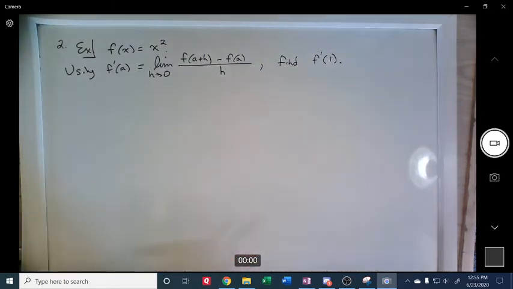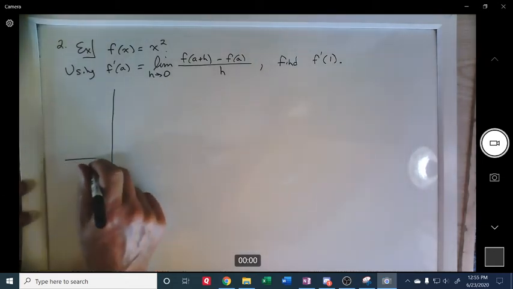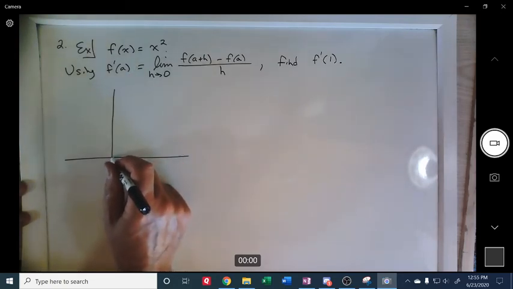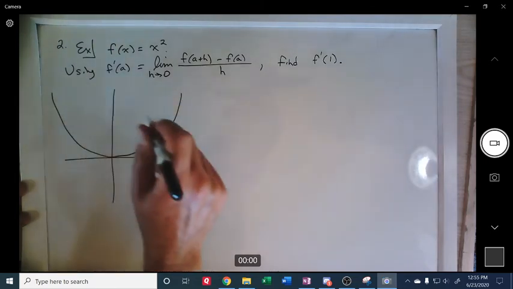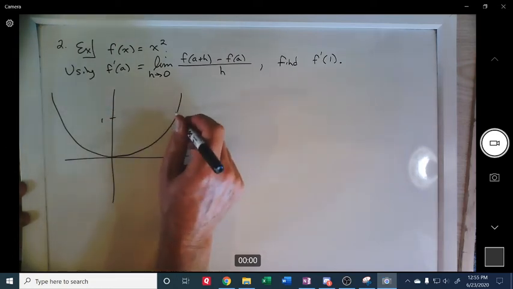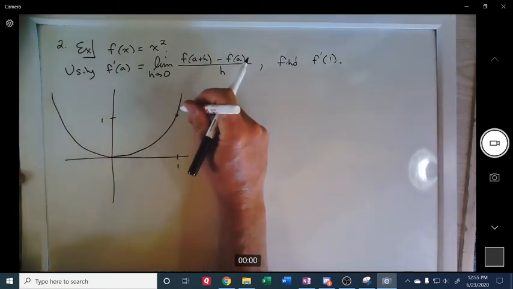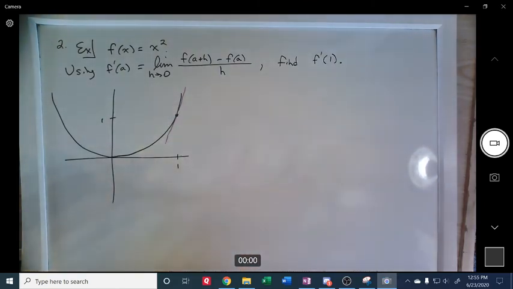Alright, now before I do this, let me show you the magnitude of what we are about to do. If I look at this function, y equals f of x equals x squared, it's a parabola. When its input is 1, its output is 1. And what we are trying to find is the exact slope of the tangent line right here.